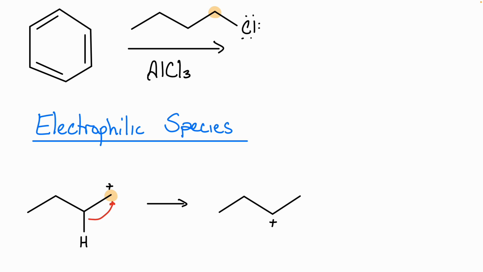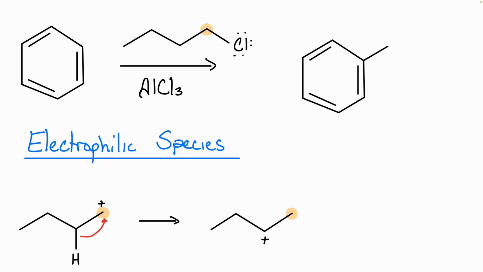All right, so what we'll see here, if we were to do this reaction, we wouldn't get very much of our butyl benzene at all. We would instead get our, I don't know, sec-butyl benzene. Where that carbocation shift to that secondary carbocation is then what's going to be attached to our ring here.